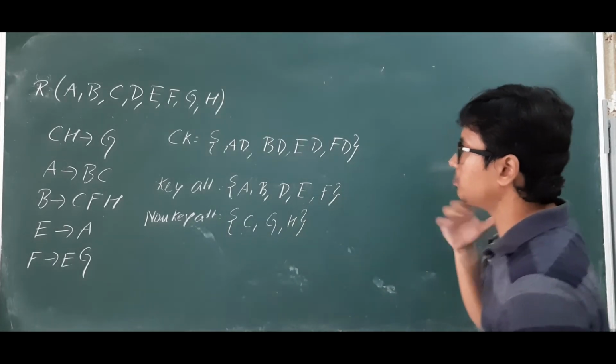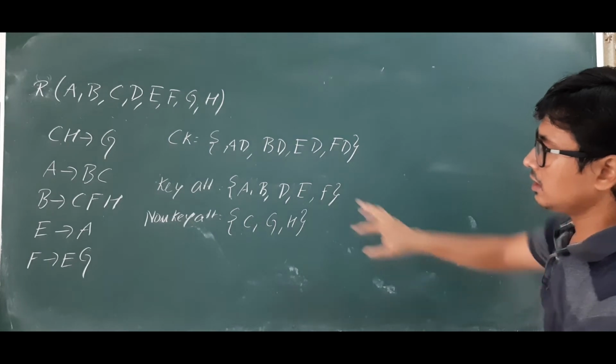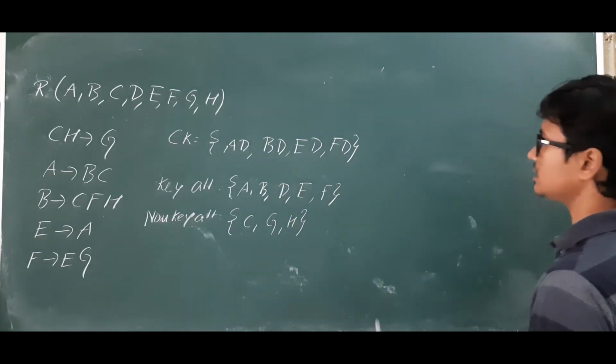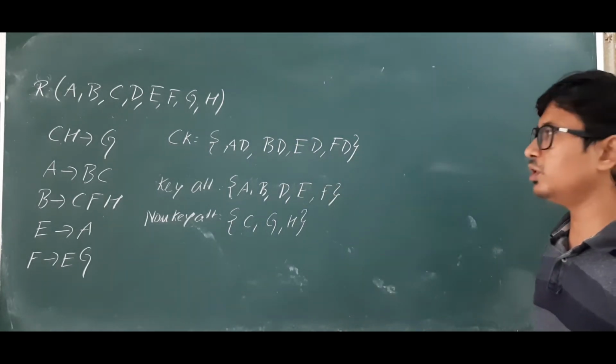For making it simple, we will decompose the FDs in such a way that the right hand side will consist of only one attribute.